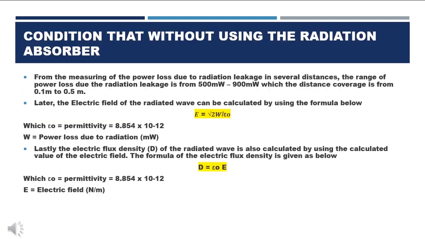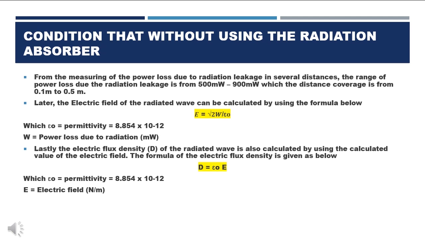Last but not least, we have the two conditions. First, the condition without using the radiation absorber. From measuring the power loss due to radiation leakage at several distances, the power loss due to radiation leakage ranges from 500 microwatts to 900 microwatts, with the distance ranging from 0.1 meter to 0.5 meter.